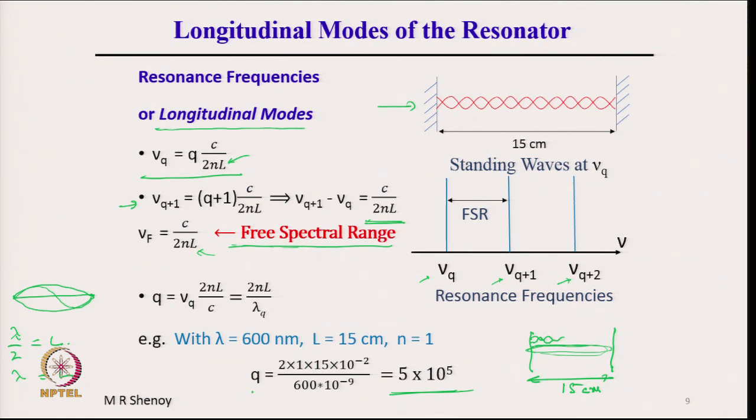Similarly in the case of light, because the wavelength is very small, q will come out to be a large number. So, when we write ν_q equal to q into c by 2nL, the q numbers in the case of light waves are very large numbers.